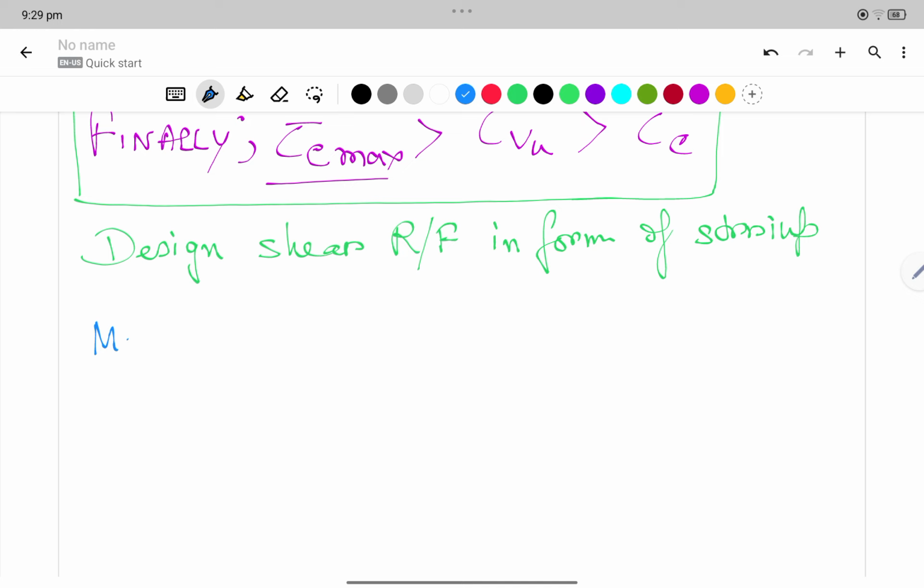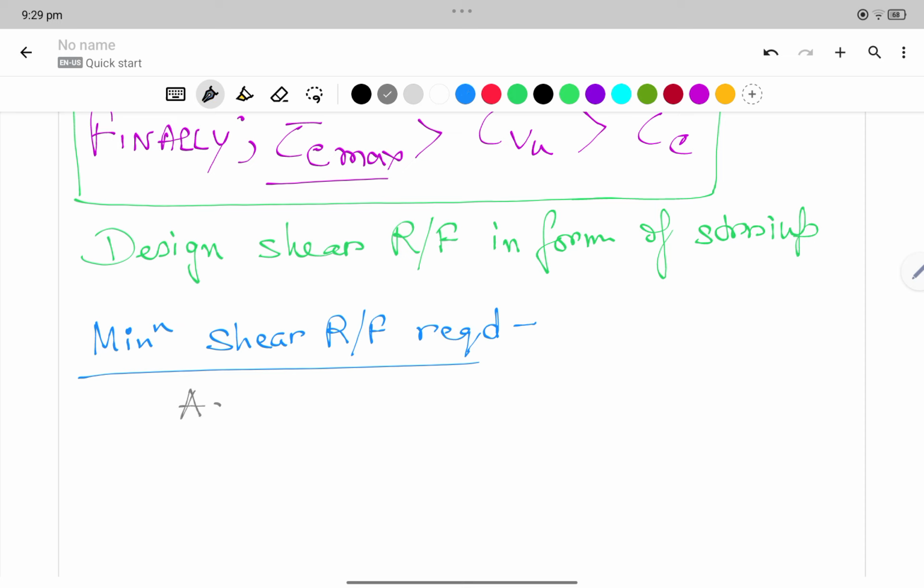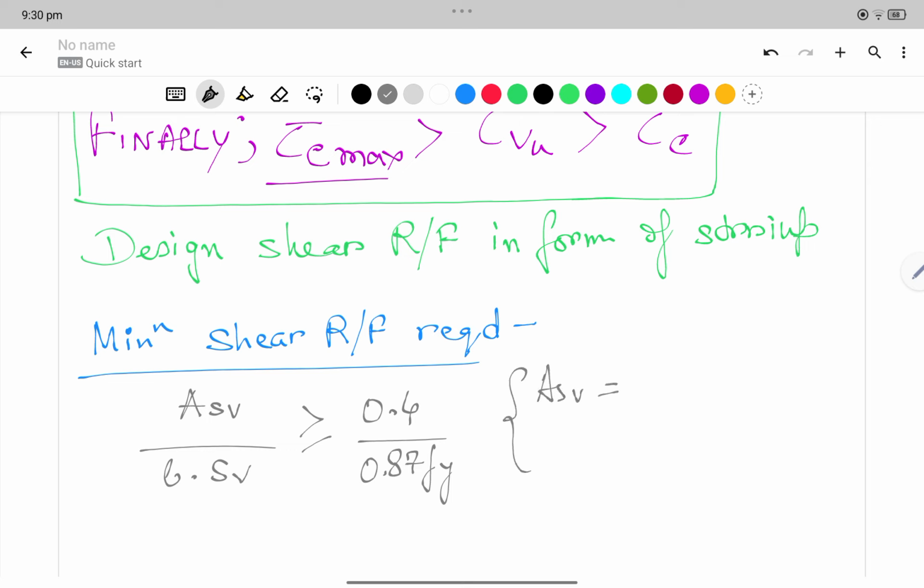The minimum shear reinforcement required: the formula for this calculation is ASV divided by B into SV is greater than or equal to 0.4 divided by 0.87 Fy, where ASV is equal to the area of shear reinforcement.